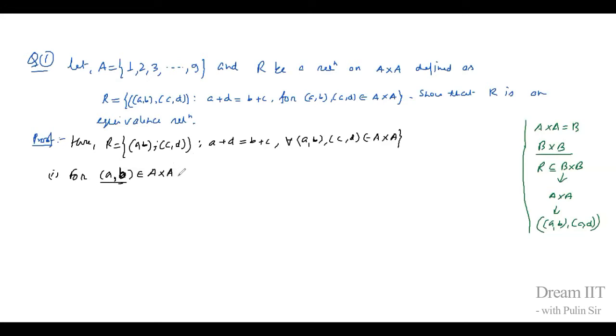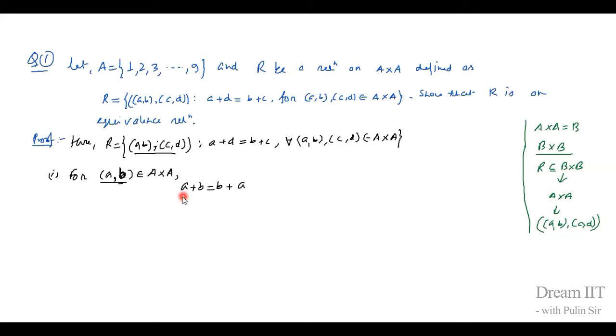So now see, for any element (a, b) in A cross A, can we get that (a, b) is related to (a, b) or not? Directly you can write a plus b equal to b plus a. This is true. There is nothing wrong here.